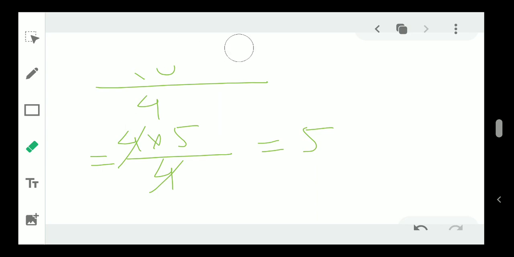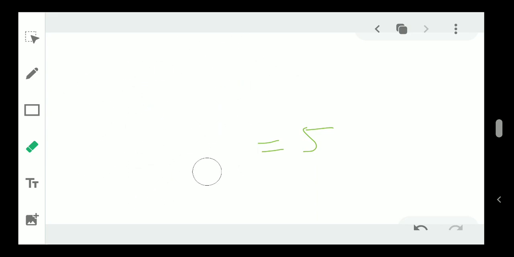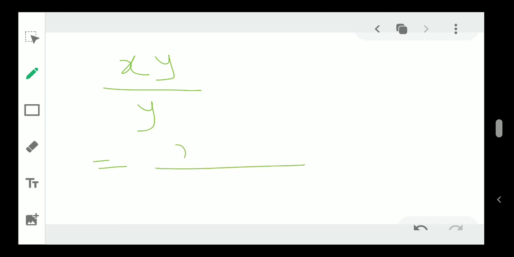In case of your algebra, you can also do this. Let's say you have xy divided by y. So xy means x into y divided by y. So y you can cut and it will become x. So this is what you can do.